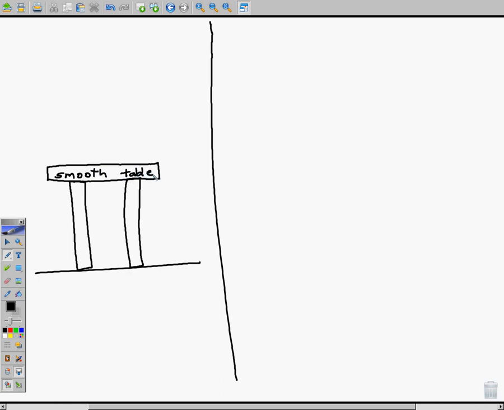If the problem ever says it's a smooth table, you know that basically you can neglect friction. And on this smooth table, there is a tablecloth draped over. And on top of the tablecloth, there's a fishbowl.